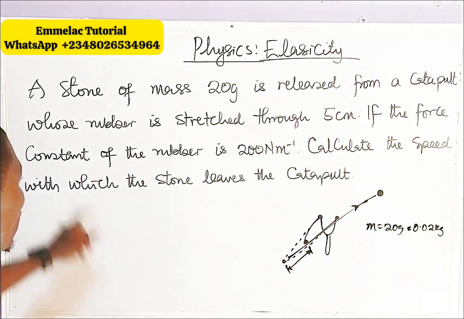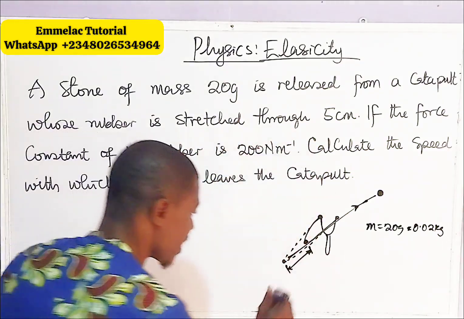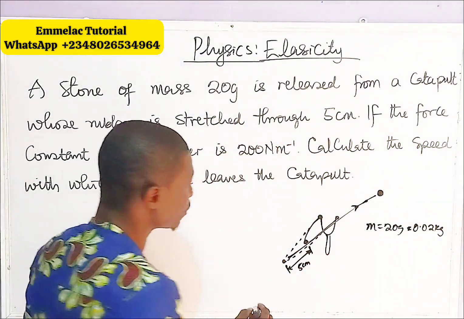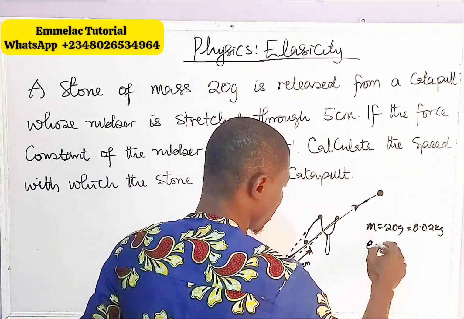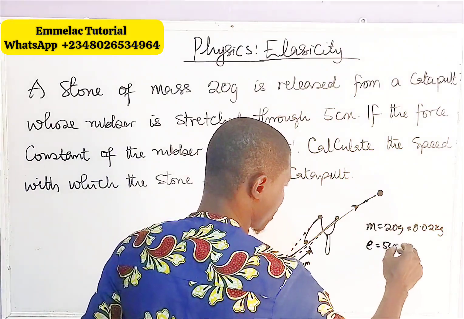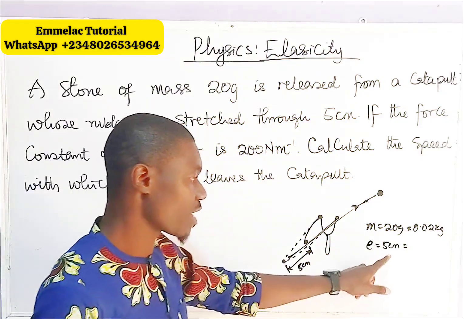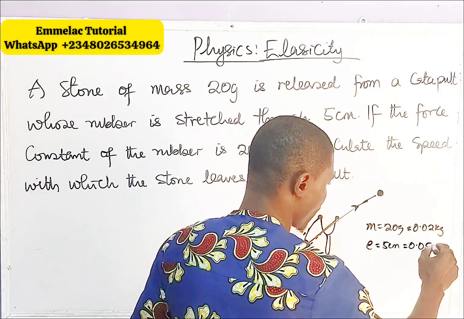And we have the rubber is stretched through 5 centimeters. So that's the extension, e equals what? 5 centimeters. And we have to convert this to meter, which means we are dividing by 100. That will give us 0.05 meter.